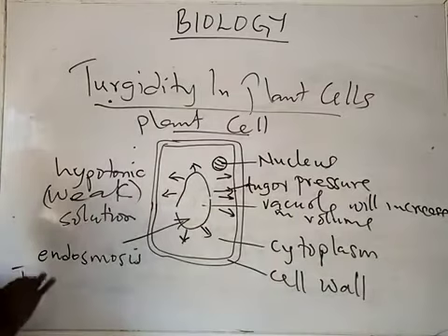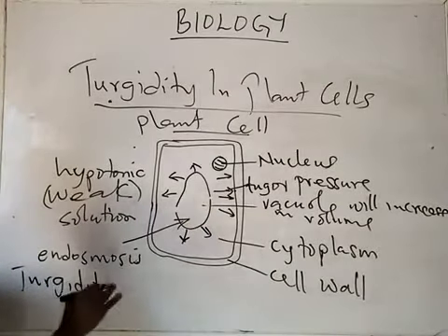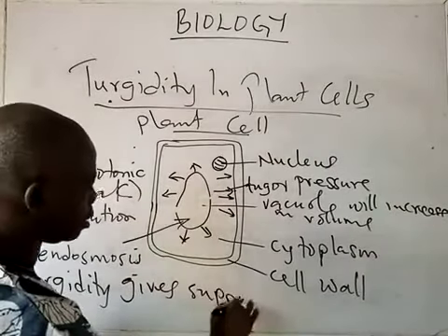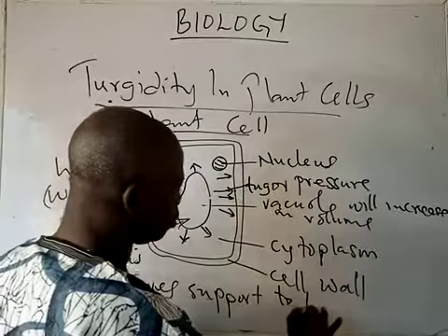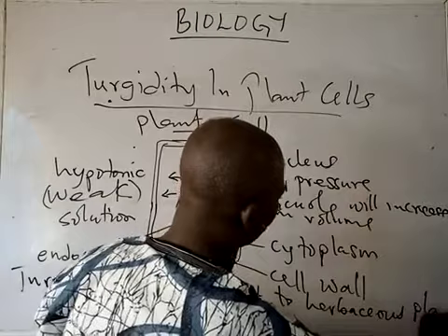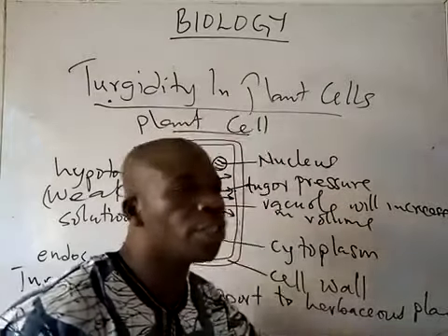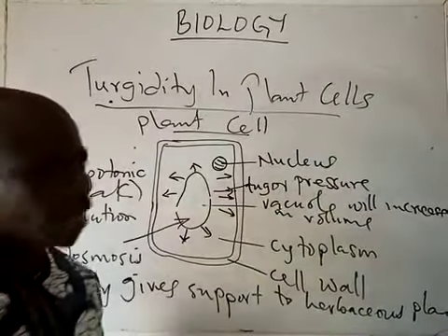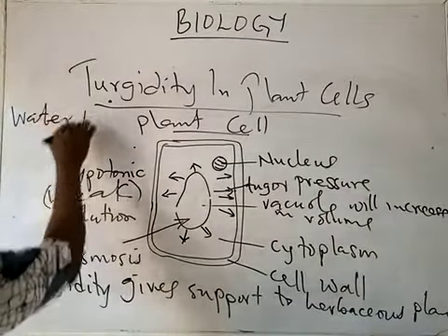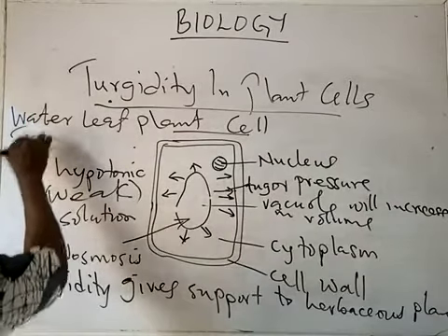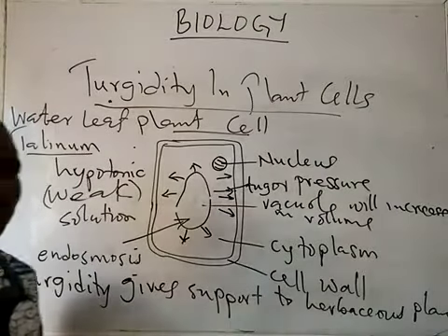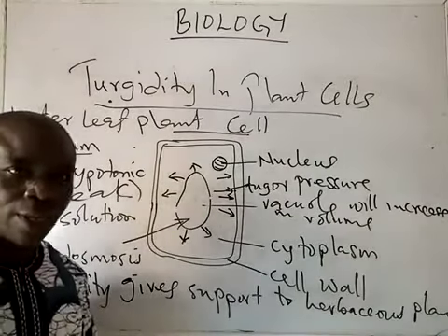So turgidity gives support to herbaceous plants. For instance, you see simple plants like water leaf. This plant is very tender, and a lot of grasses that you see around are very tender.